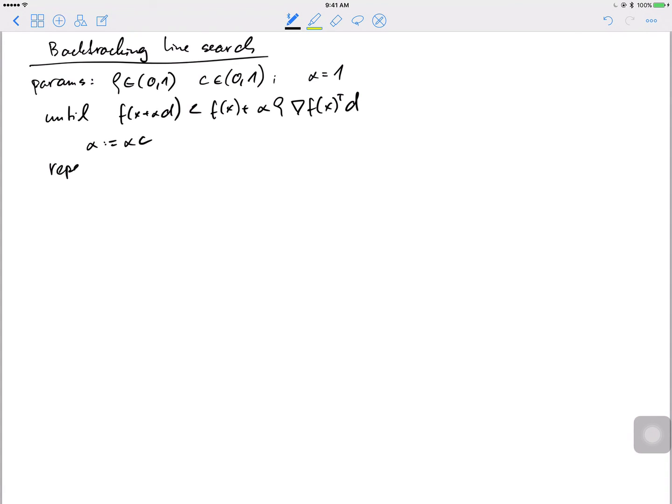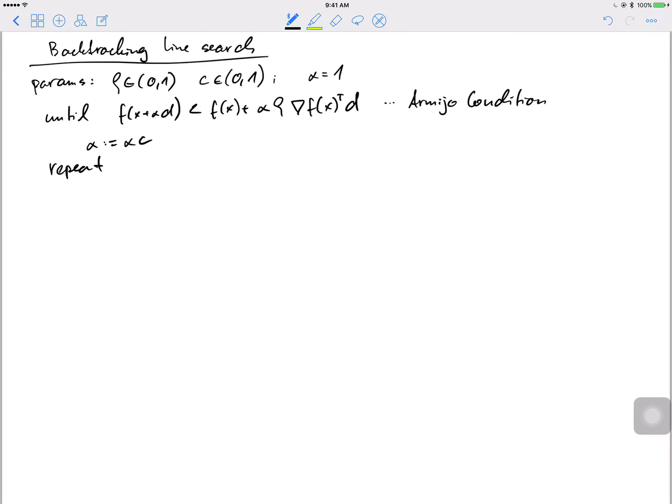And you are going to repeat it until this inequality constraint is satisfied. Okay? This inequality constraint has a name. It's called the Armijo condition. You can hear all sorts of funny names here. Sometimes you have Wolfe conditions and strong Wolfe conditions, and those are some of the more complicated line search algorithms out there. For the backtracking, we will just be happy with the Armijo condition.